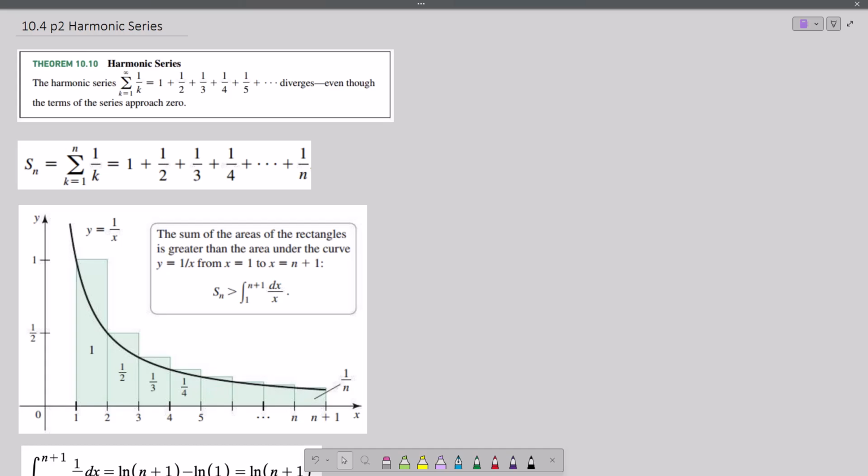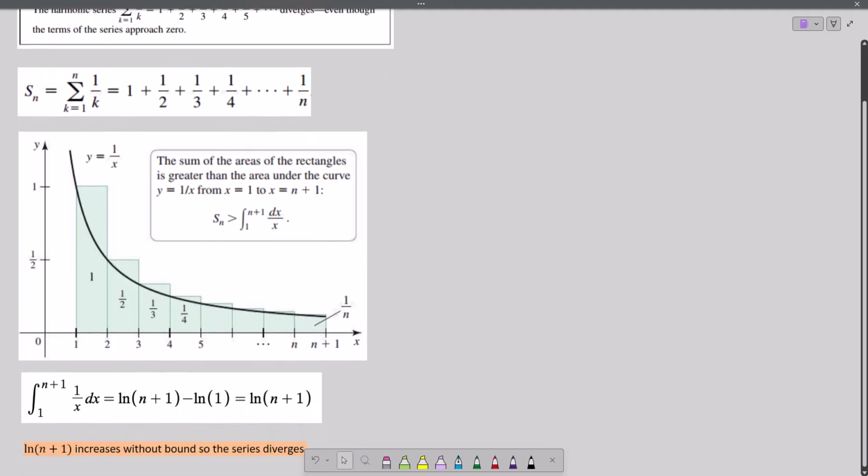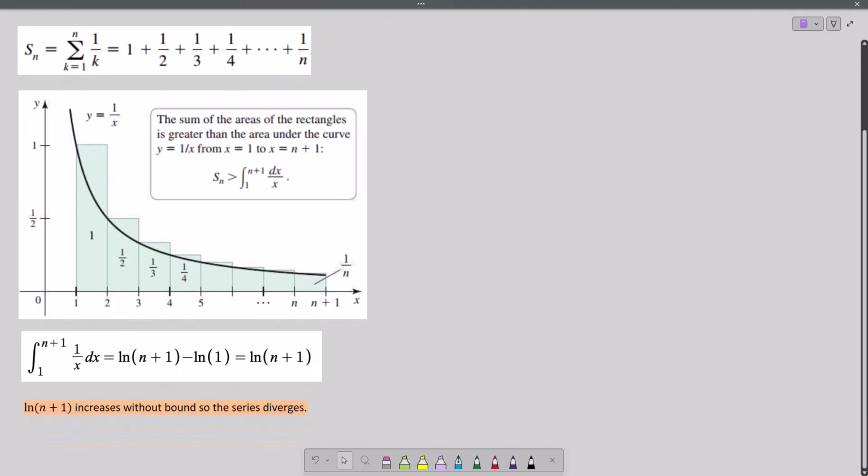In order to look at the harmonic series and prove that it diverges, we're going to do the following. So first off, we always consider the sequence of partial sums. We find S sub n. If we find S sub n, then we take its limit. Well, that S sub n we can't come up with a formula for. Like telescoping, we had all the cancellation, and we could come up with a formula that we could take the limit of.